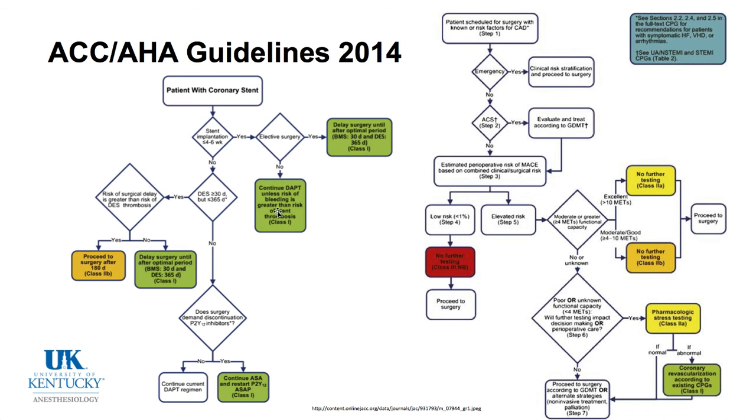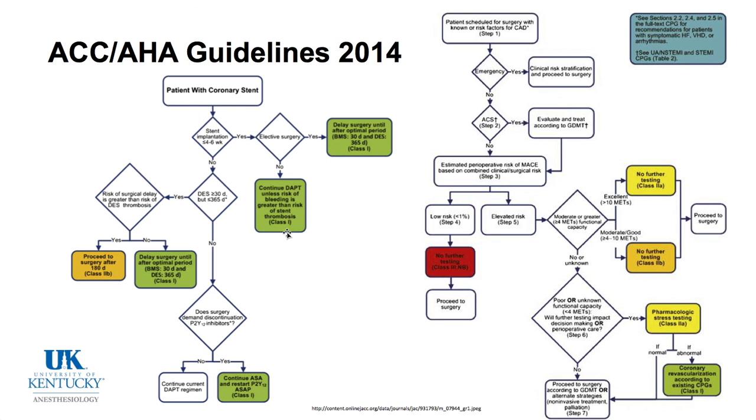If it's not elective surgery, continue the anticoagulation unless the risk of bleeding is greater than the risk of stent thrombosis. And you really should not take a patient with a recently placed drug-eluting stent and do surgery out in an ambulatory standalone center where you could not do any intervention, i.e. coronary intervention, if you had some problems.